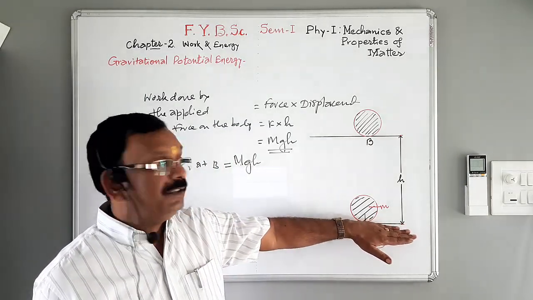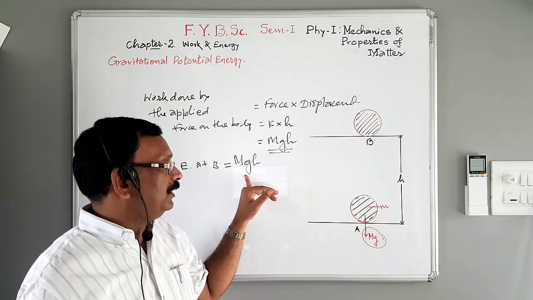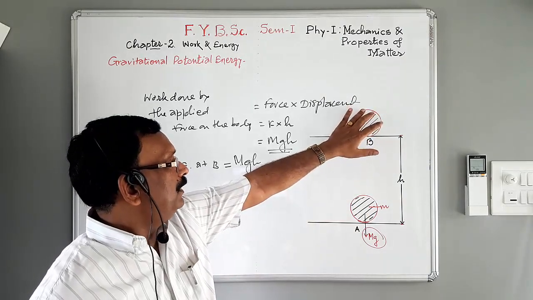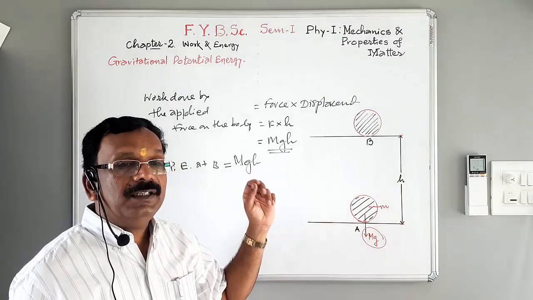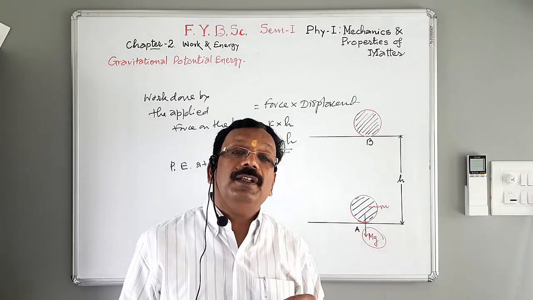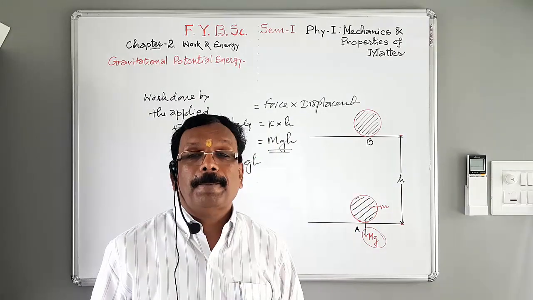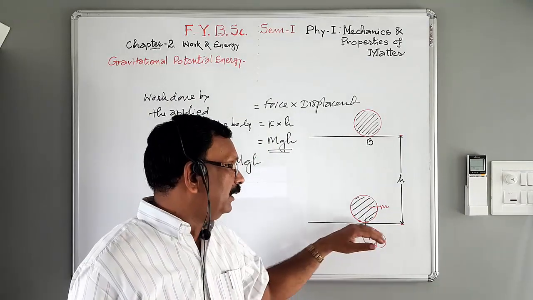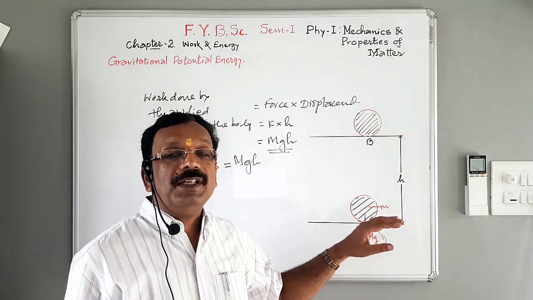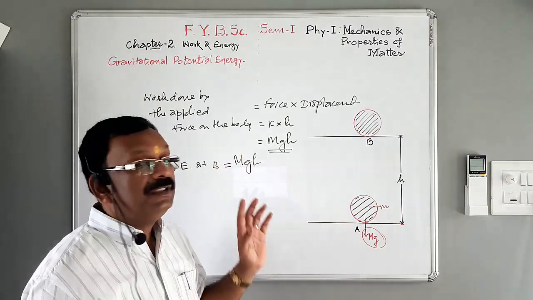At point A the potential energy is 0, and at point B it is mgh. So the change in potential energy is B minus A, mgh minus 0, which gives mgh. This is the change in potential energy of the body in moving from position A to position B. But as we are taking the potential energy at point A to be 0, the potential energy of the body at point B is equal to mgh.